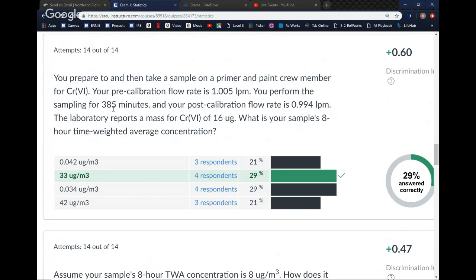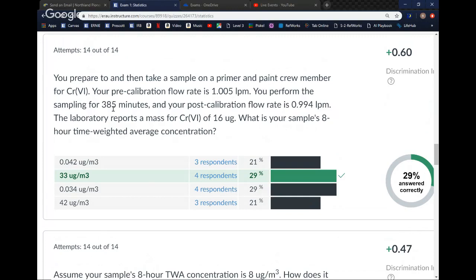So the next one was the only other one where over half missed. You're prepared to take, and then take a sample on a primer and paint crew member for hexchrome. Your pre-calibration flow rate is 1.005 liters per minute.